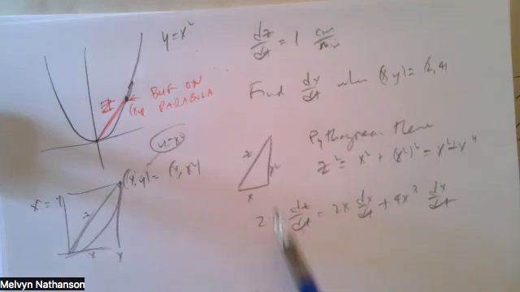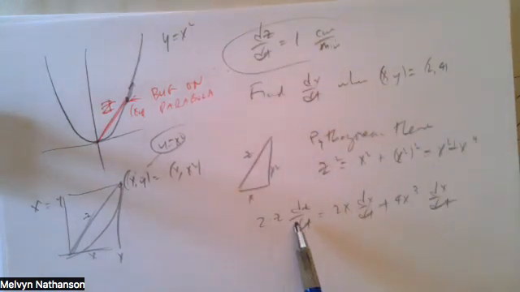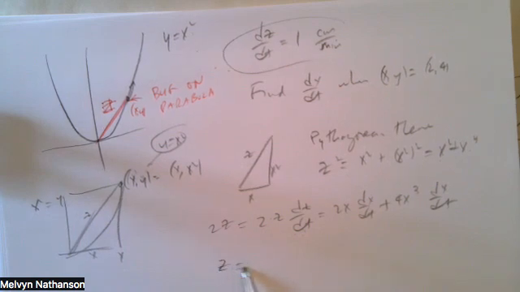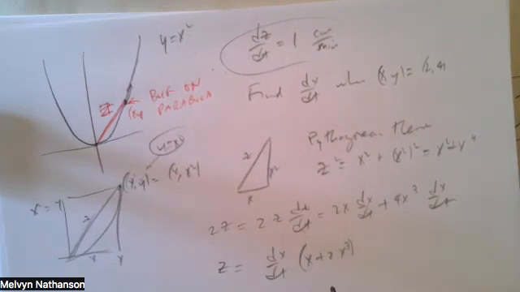The rate of the distance of the bug from the origin is 1. So this dz/dt is just 1. If I divide by 2, I get z equals, and I can factor out dx/dt times x plus 2x cubed.